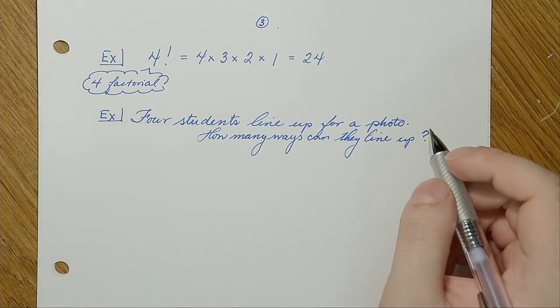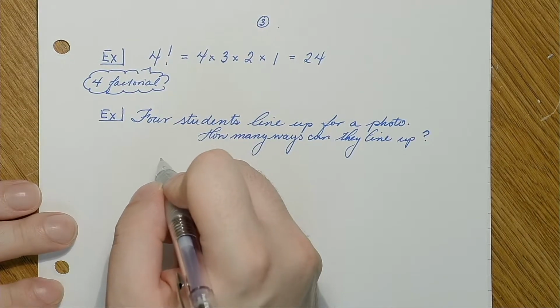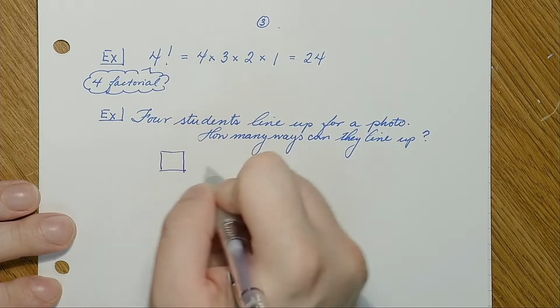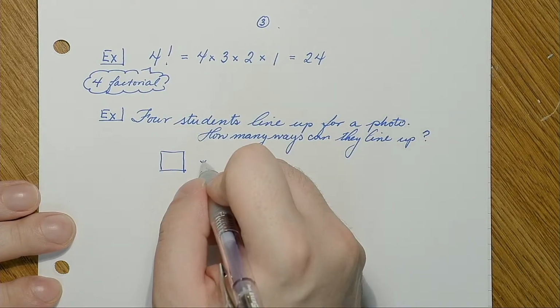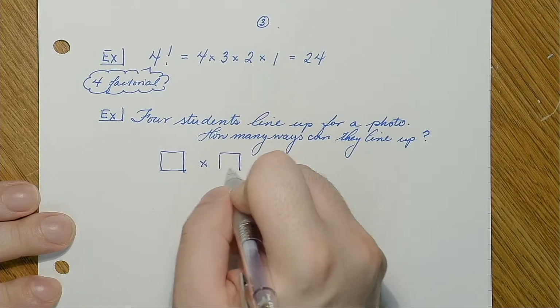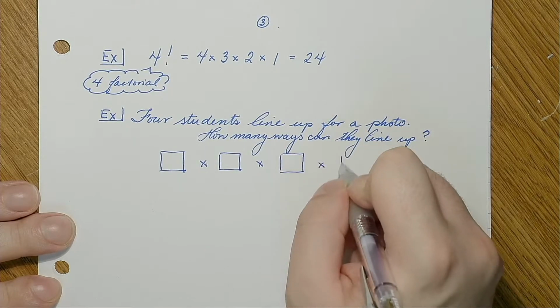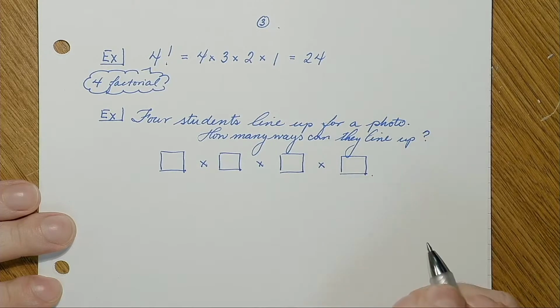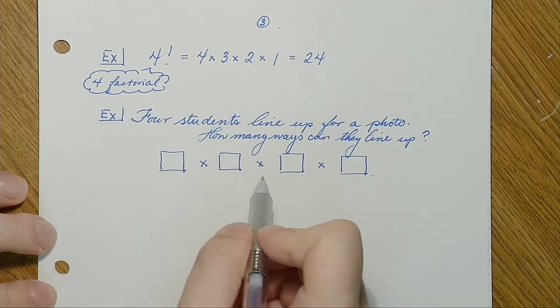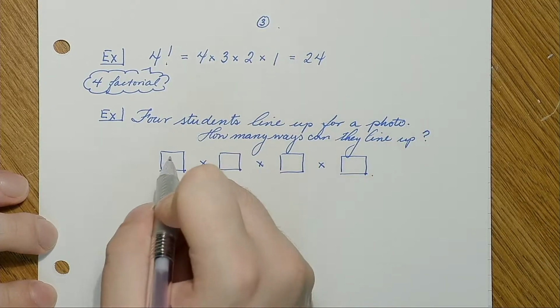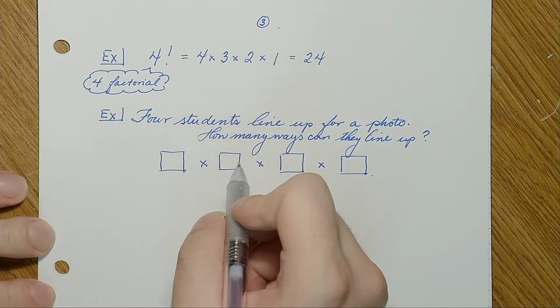So let's say that we have 4 spots. And then by the multiplication principle, I'm going to be choosing one for the first spot.